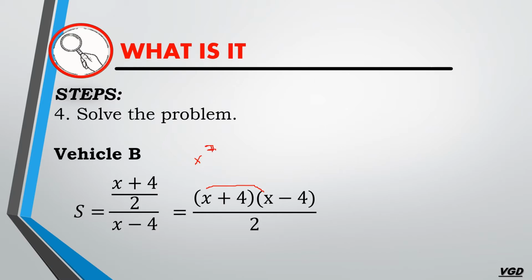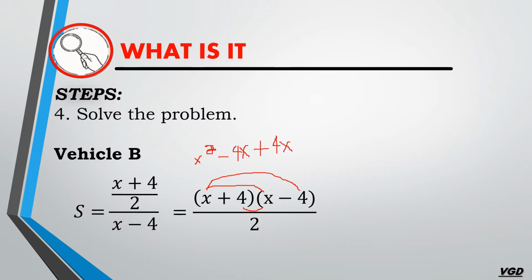Then outer: x times negative 4 is negative 4x. Next, inner: 4 times x, so positive 4x.